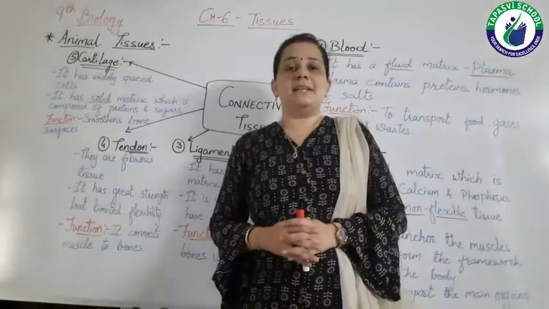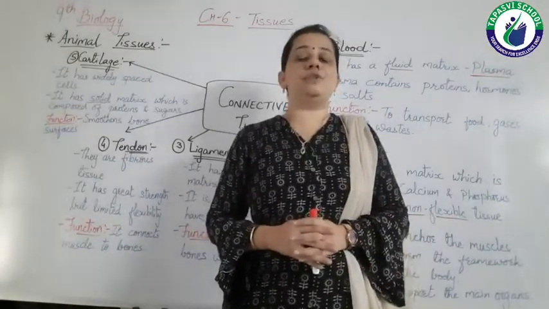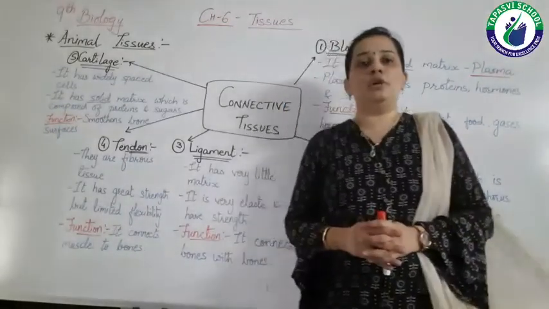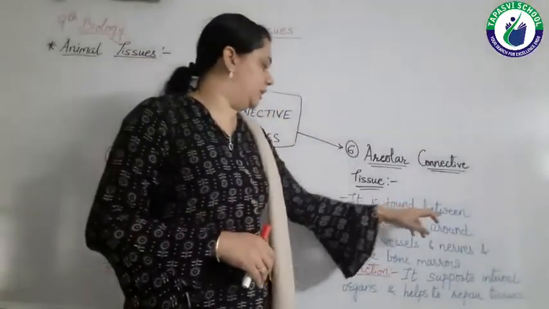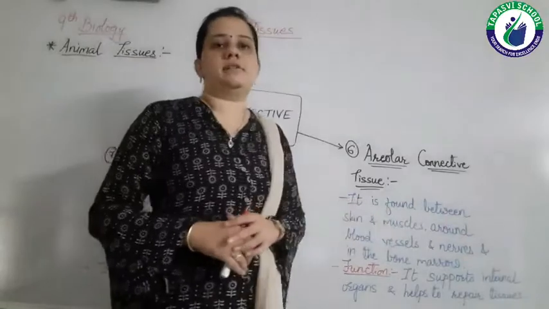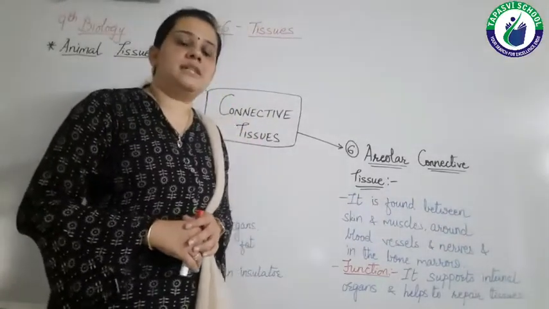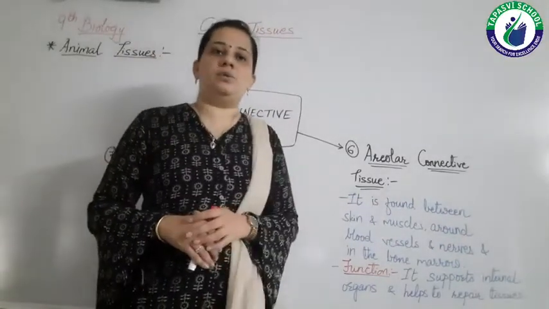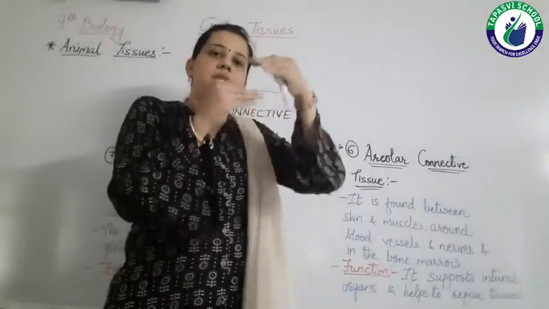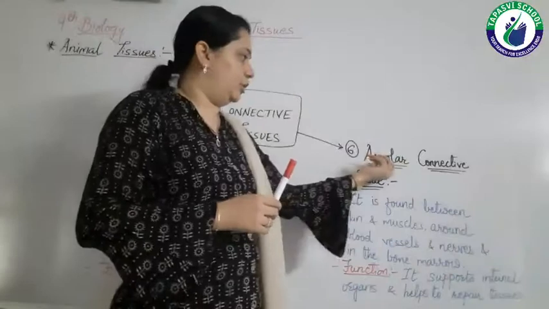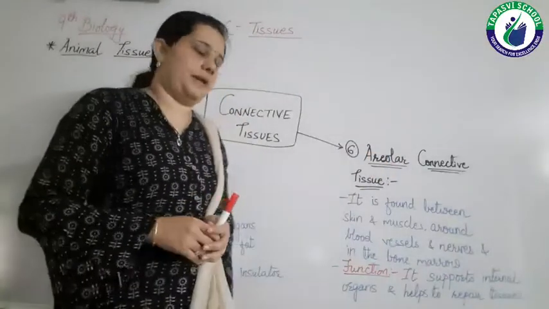Now let's study the next connective tissue, that is areolar connective tissue. It is found between the skin and muscles. Between the skin and muscles, areolar connective tissues are present.